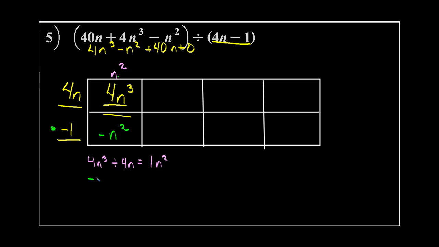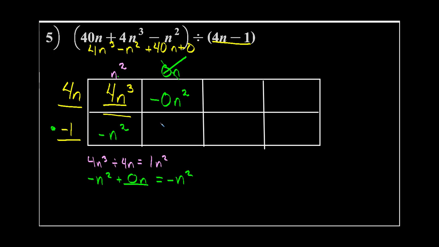So negative n squared plus what is going to equal negative n squared? Well, that means I need to add nothing. So up here it would be 0n squared. When I have a 0 here, that automatically makes us 0n above it.